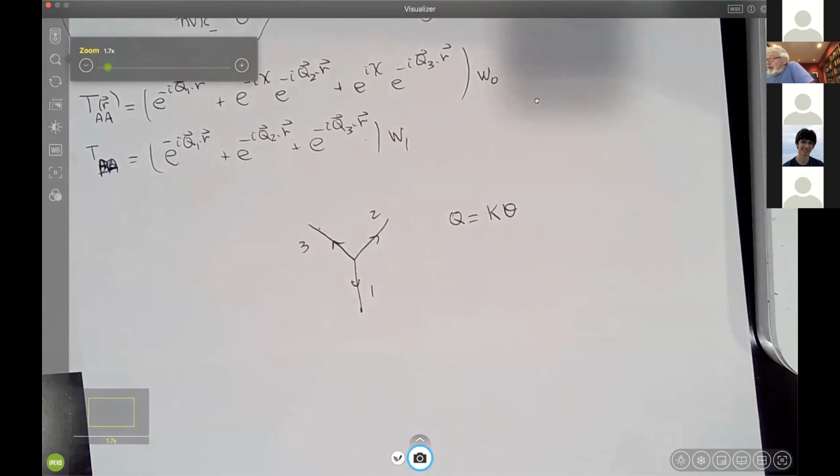Have the same magnitude, and they have relative orientations of 120 degrees.